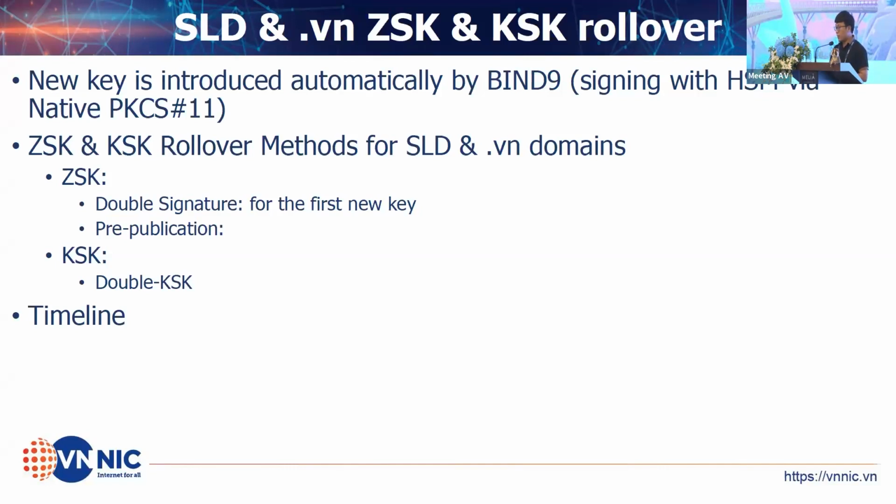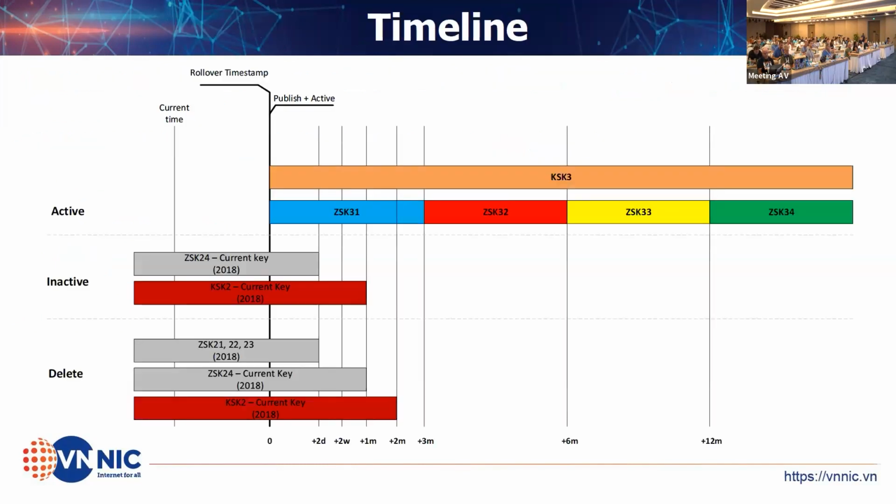For the ZSK we use the double signature, the same for the first new key, and for the KSK we use double KSK. And this is the timeline for the DNSSEC key rollover. So we generate 4 key pairs for each zone for the ZSK, and for the KSK we just use 1 key without the transition.